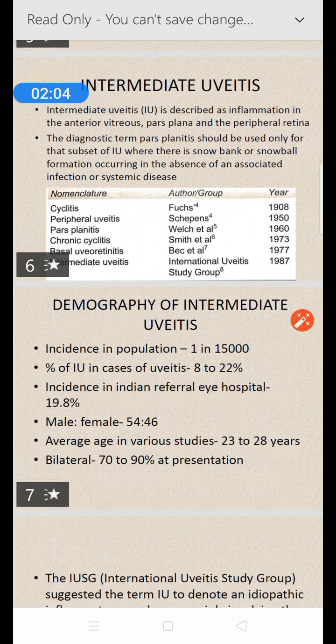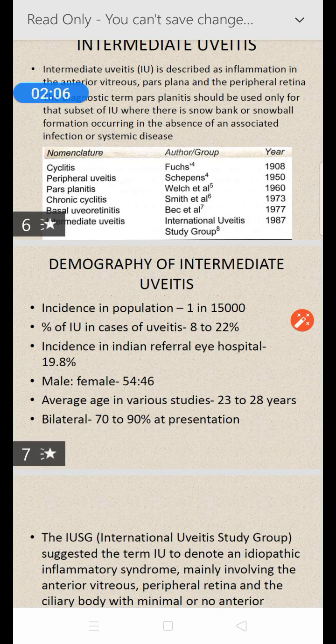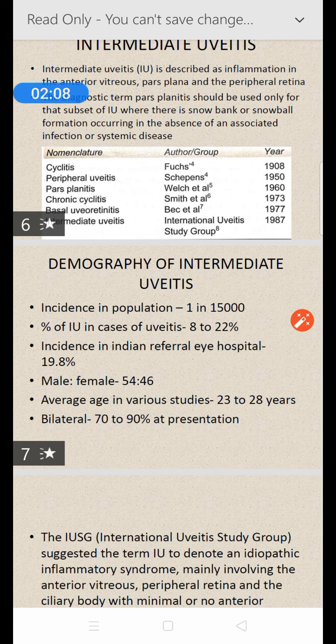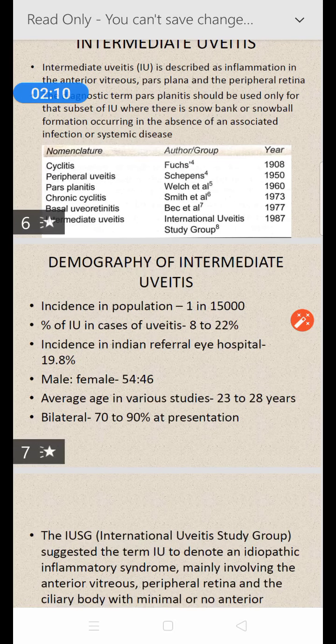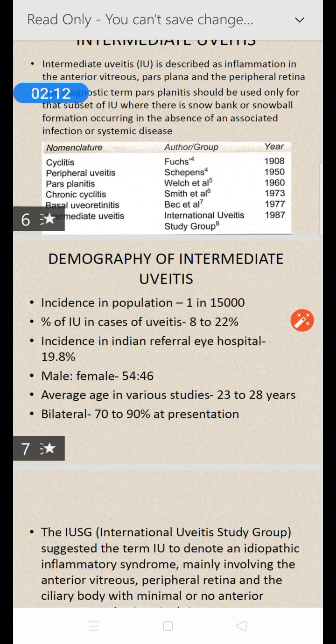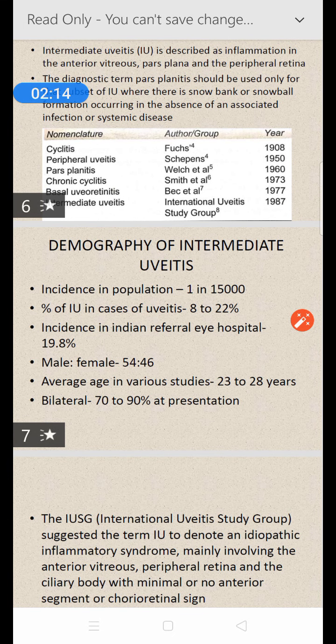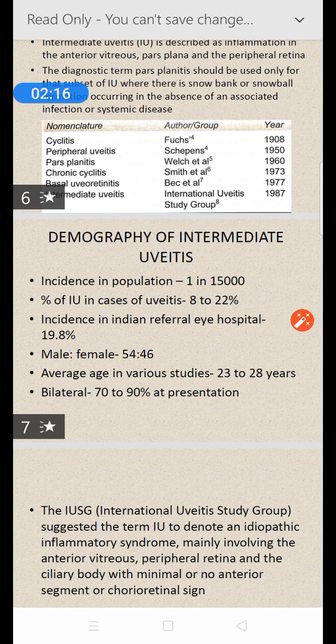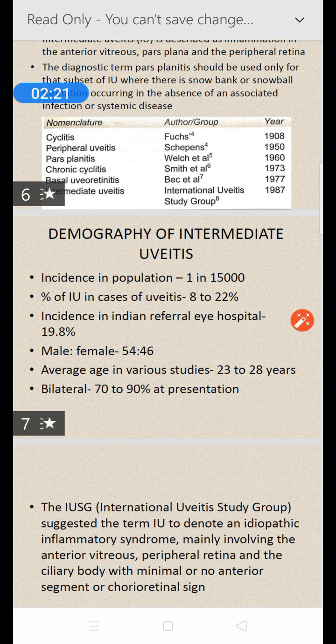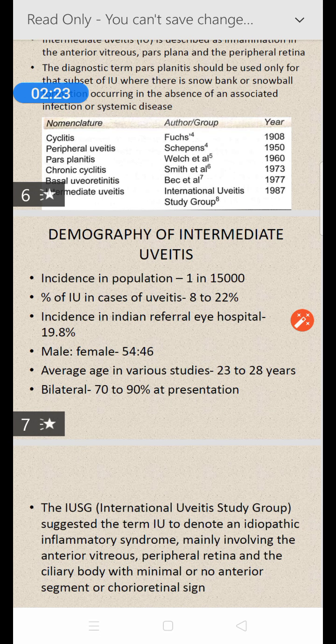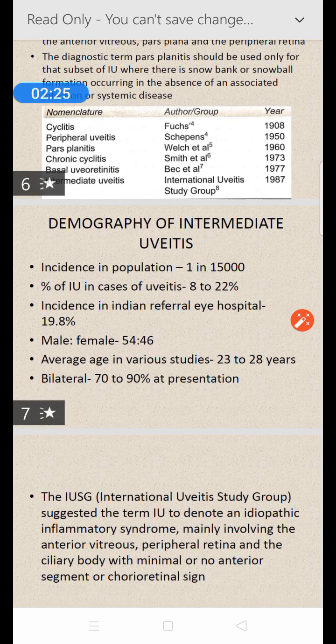Coming to the epidemiology, the incidence in the population is 1 in 15,000, and the male to female ratio is almost equal with a mild male predominance. The average age is around the second to third decade.